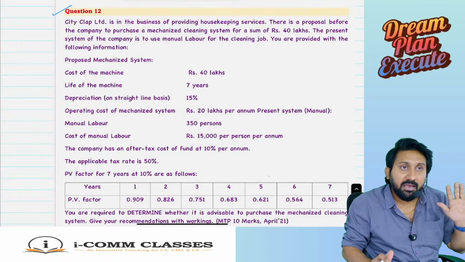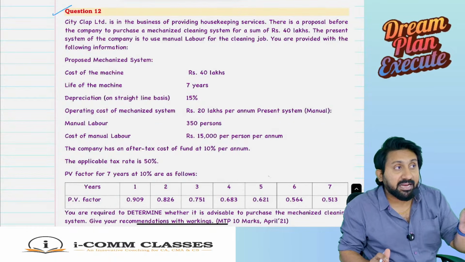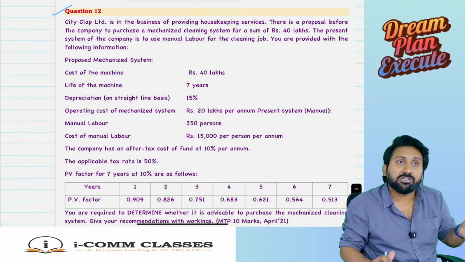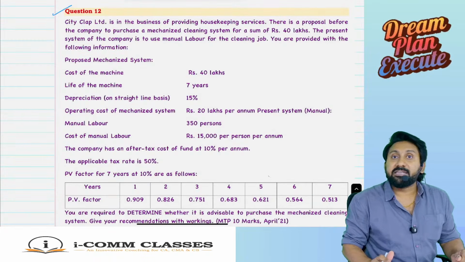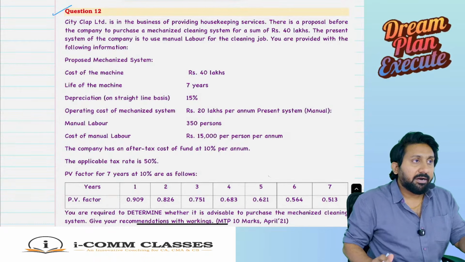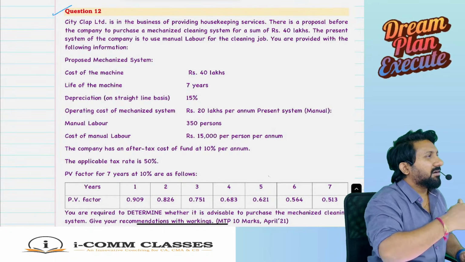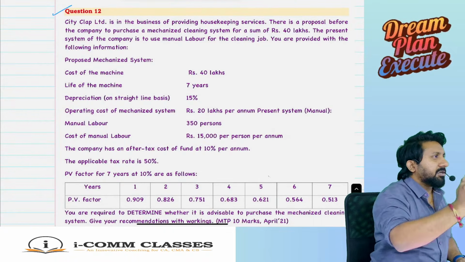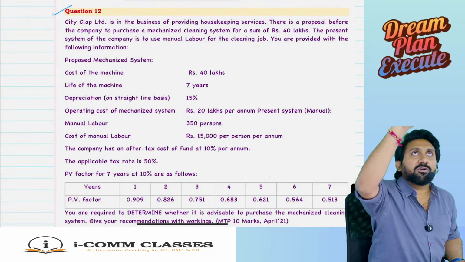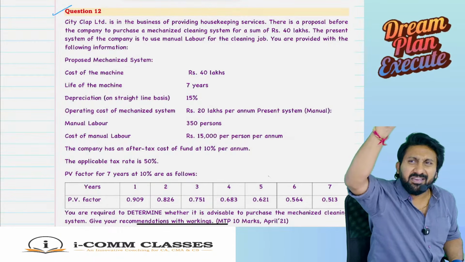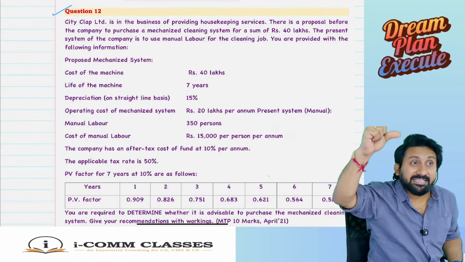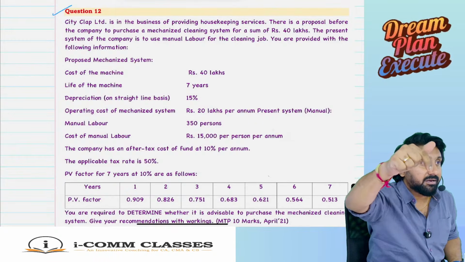Along with the 20 lakh cost, there is 6 lakh cost called depreciation. Use common sense now. 52 lakh 50,000 is the cost with the existing machine. 26 lakh is the cost with the new machine.